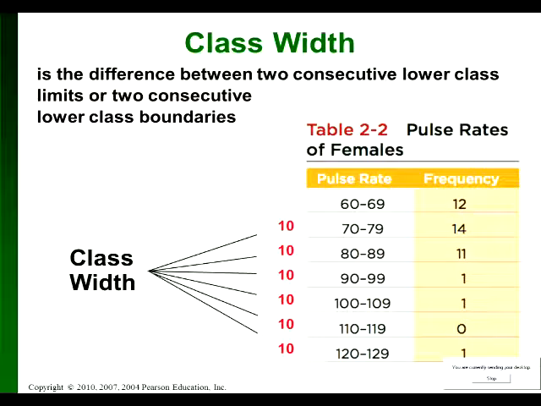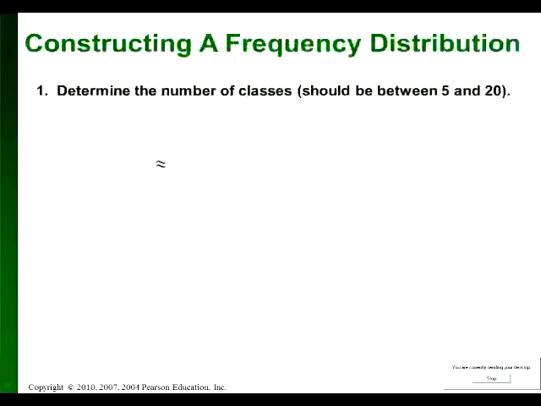The class width should be the same for every class. It's the class boundary that you're going to have more of. And if you think about the fence post, got to have one on the left, one on the right, and then those in the middle, you'll see why you have to have one more class boundary than the number of classes.